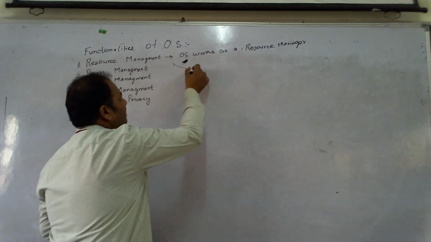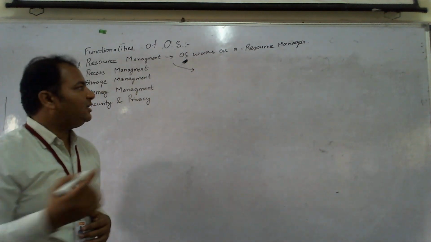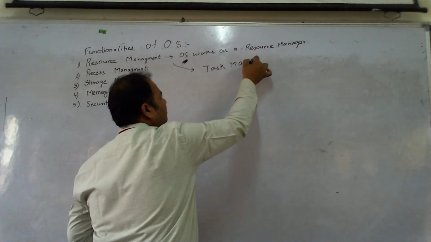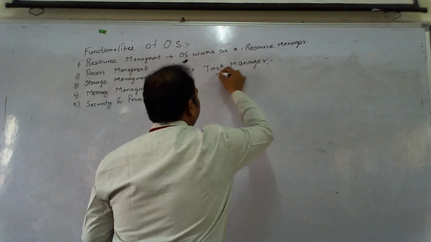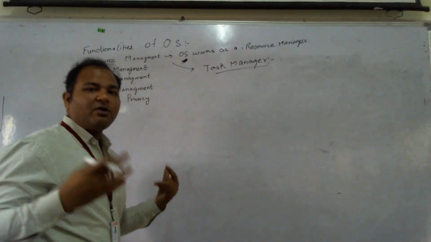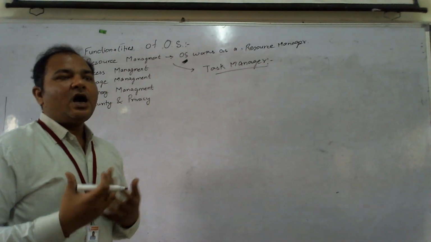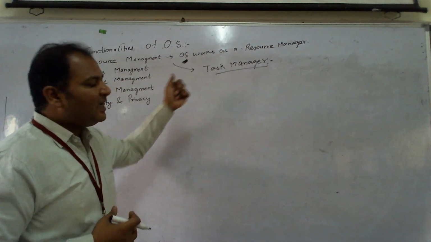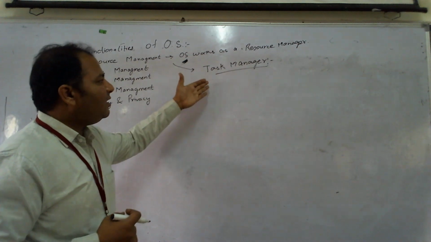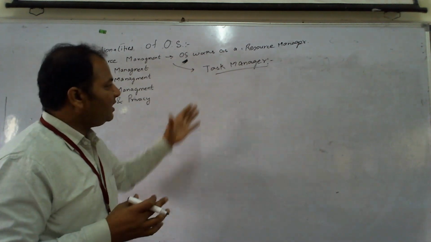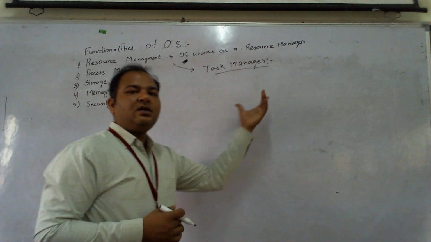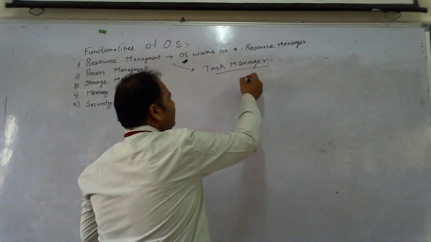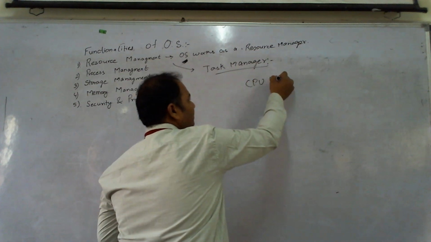When we switch on the computer, we can go to the task manager and easily find out how many processes or how many resources our operating system is using. From the task manager you can see many processes utilizing the main memory, and you can see the CPU utilization.